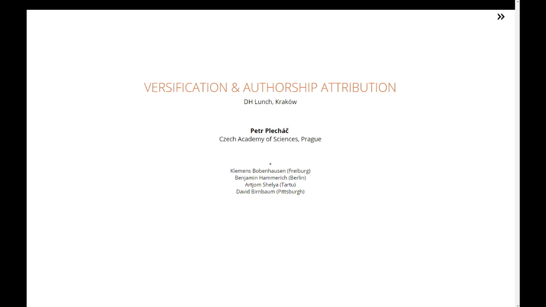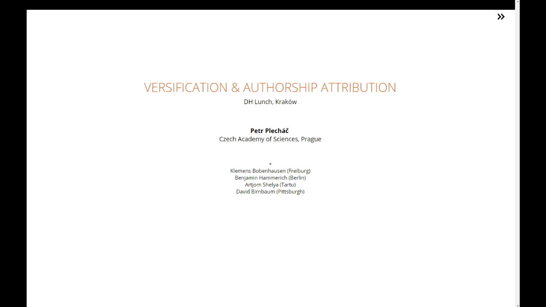Okay, I will start with why I think that versification should be used in the process of authorship attribution. Then I will describe in detail some methods such as Burrows's Delta and support vector machine.